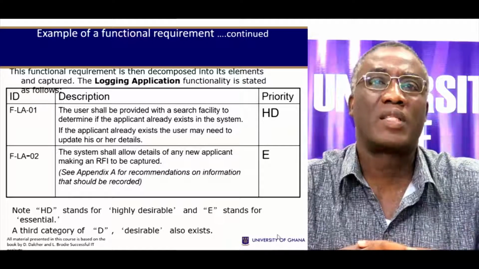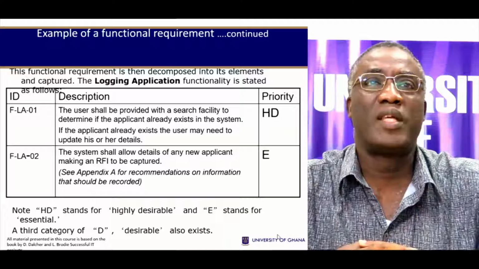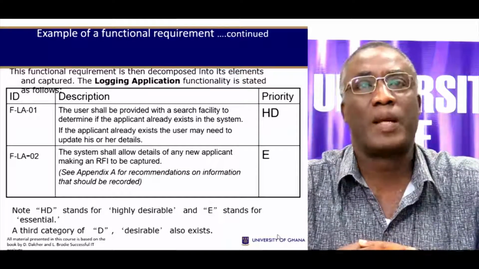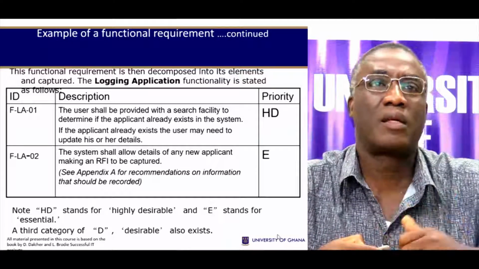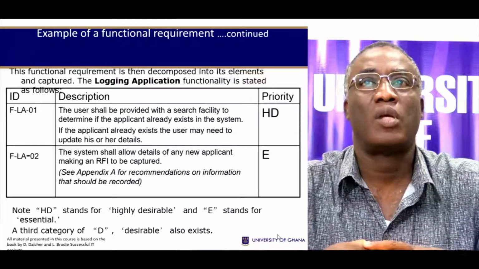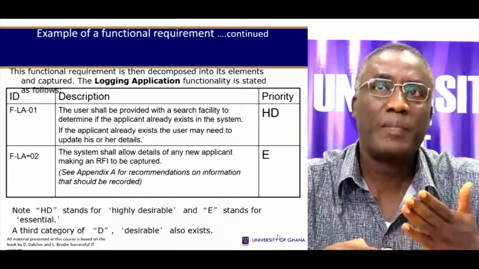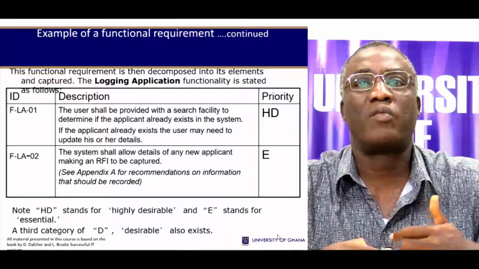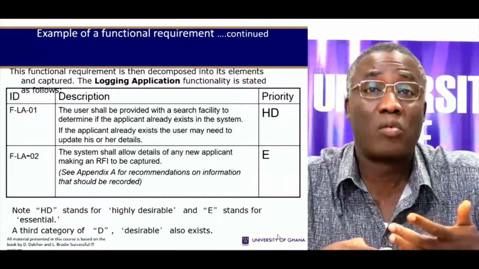This is highly desirable. The second requirement is that the system shall allow details of new applicants to be captured. This is essential. Of course, there can be a third category, desirable. So the functional requirements, we can break them down: some of them are highly desirable, some of them are essential, and a third group may be desirable.